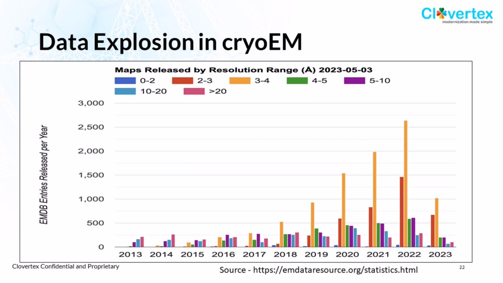Just as an example, here's a graph we have picked up from EMD, where what I'm showing here is on the x-axis the year, and on the y-axis the number of entries released per year. But if you notice, a lot of the effort is going into getting to resolutions around 3 to 4 angstroms. That's where a lot of the analysis is focused.